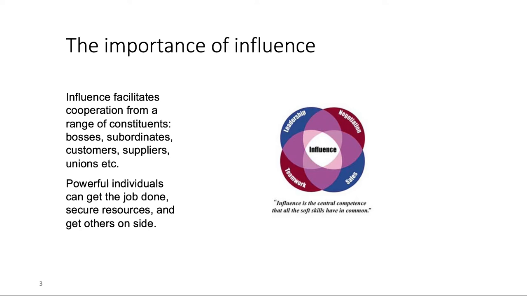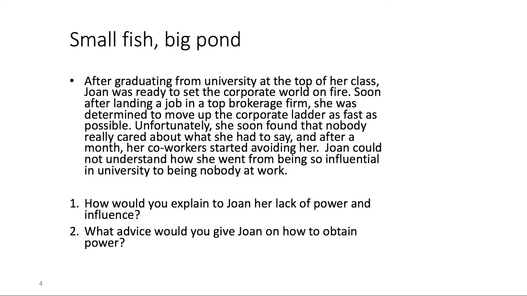So I want you to think about an example, and I'm hoping this example will help you to start to think about how influence differs by context and by person. This is an example of a small fish, big pond. After graduating from university at the top of her class, Joan was ready to set the corporate world on fire.